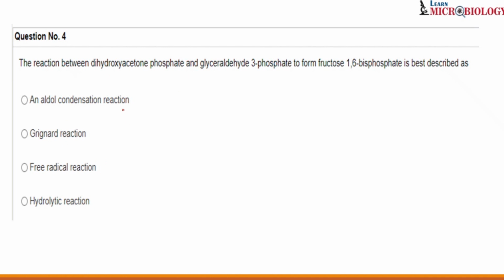From fructose 1,6-bisphosphate, by the action of the aldolase enzyme, this molecule breaks down to form glyceraldehyde 3-phosphate and dihydroxyacetone. Now they are asking which reaction is best described as.